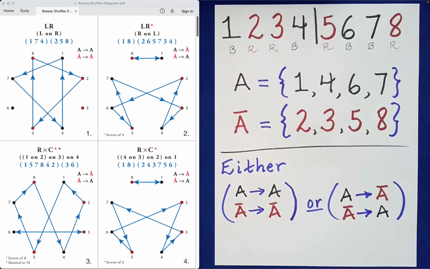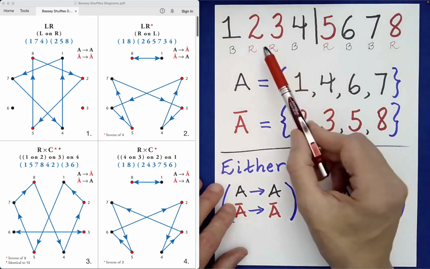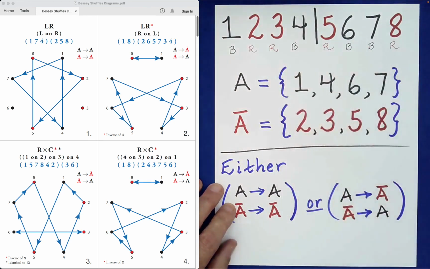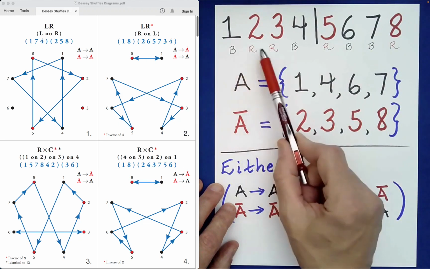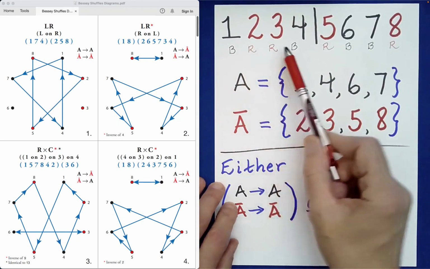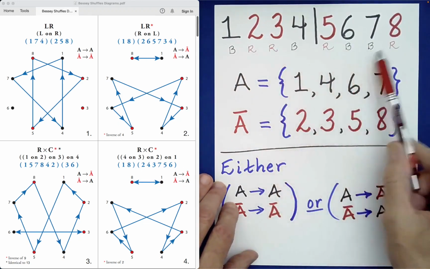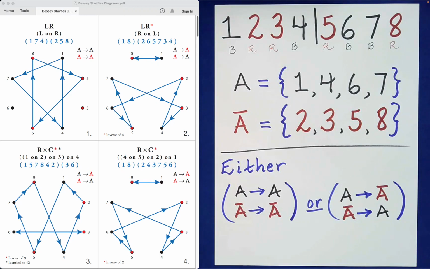To further aid us in understanding the diagrams on the left-hand side of the screen, I've color-coded the different digits. So if you want to picture these as a black card, a red card, a red card, black, red, black, black, red, that would work just fine as a model to represent the structure of a Bessey sequence.